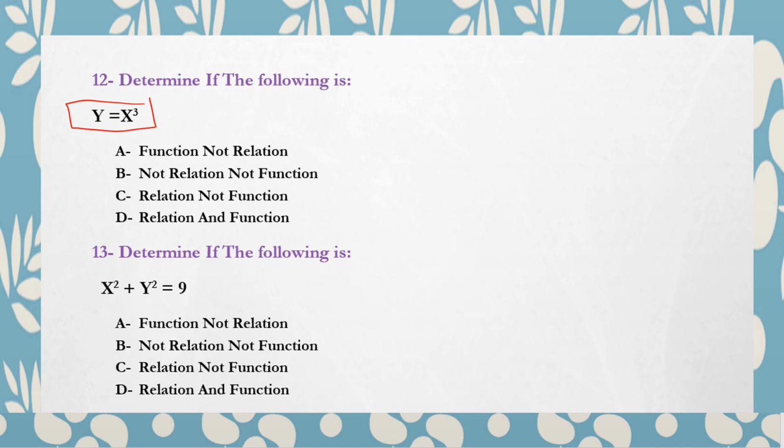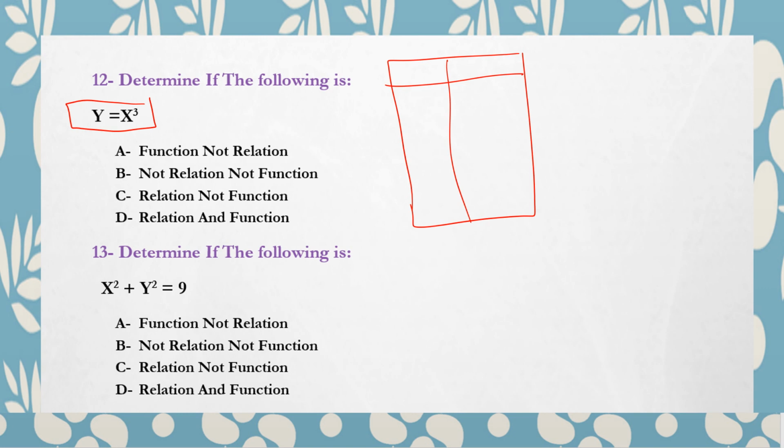To determine if this relation is a function or not, we have to assume some values for x and substitute these values in this equation to get the values of y, or the range. And if each value of x corresponds to only one element in the range, then this is a function.